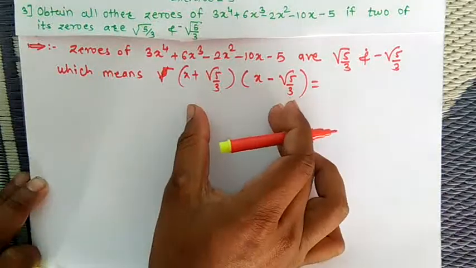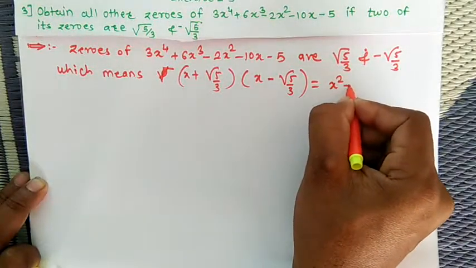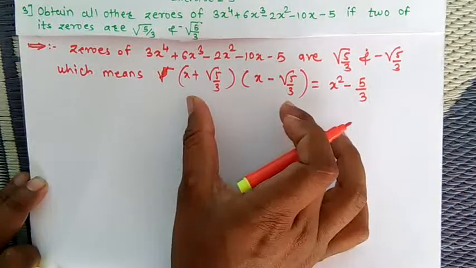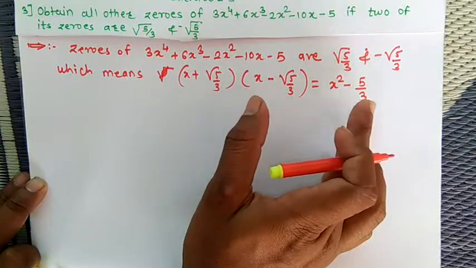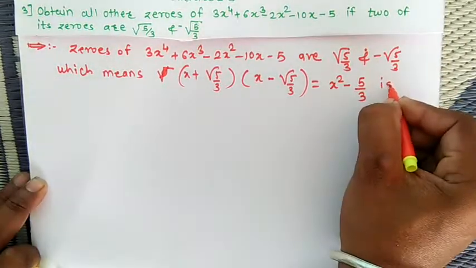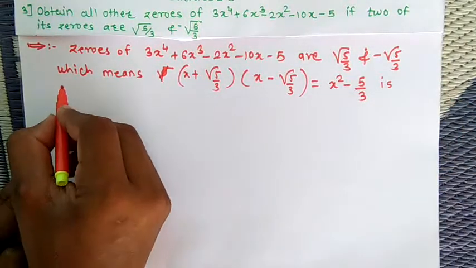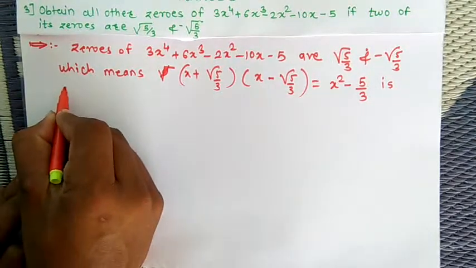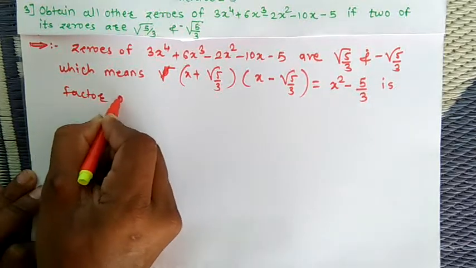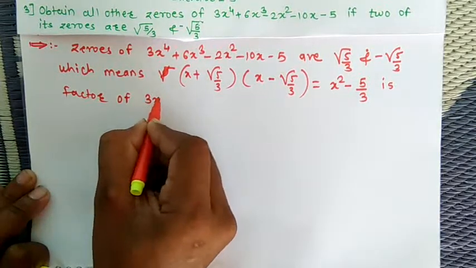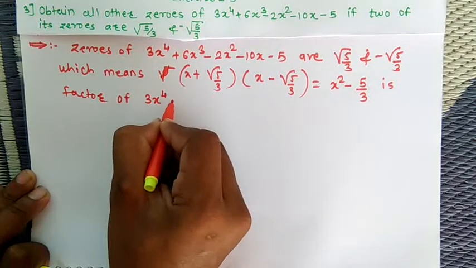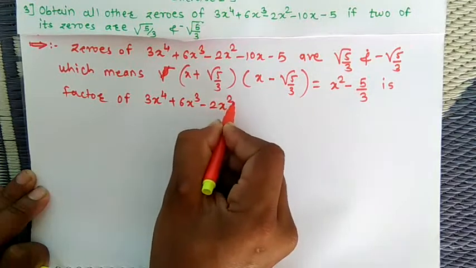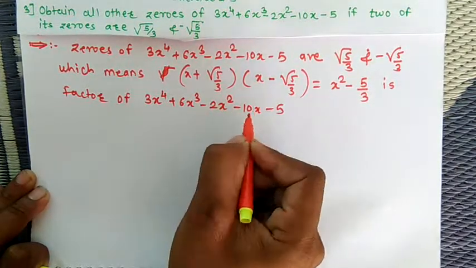After multiplication of these brackets, it will come x square minus 5 by 3, which means the multiplication of these brackets, x square minus 5 by 3, is a factor of the given polynomial, that is 3x raised to 4 plus 6x cube minus 2x square minus 10x minus 5.